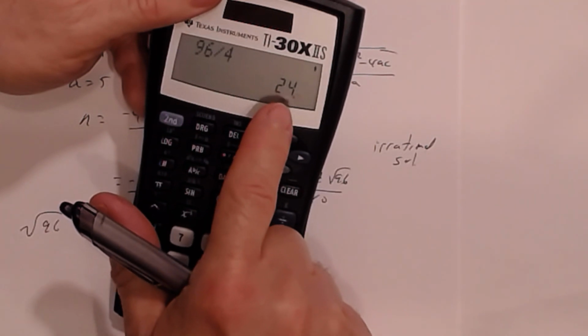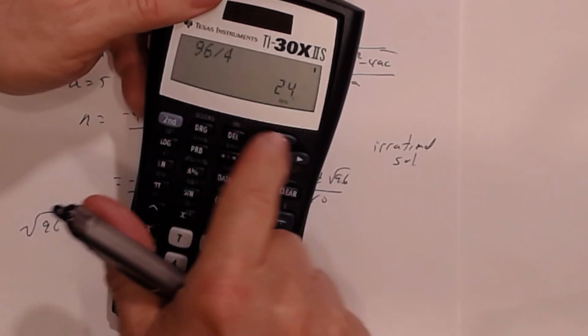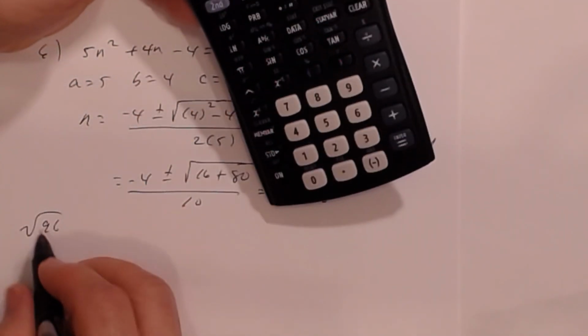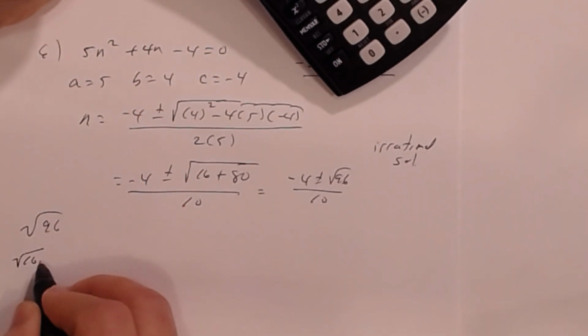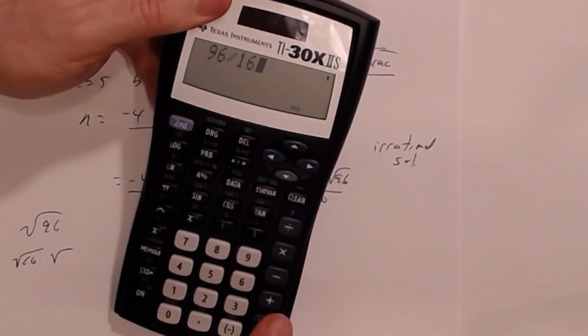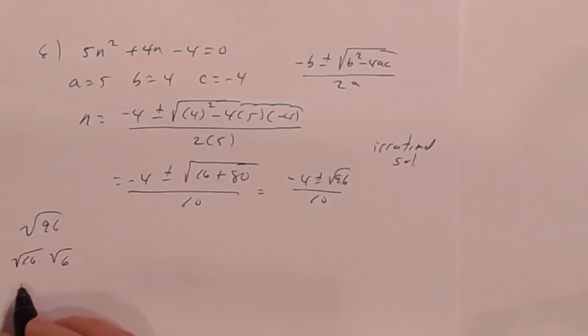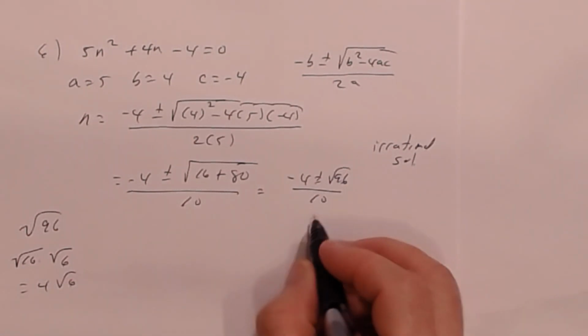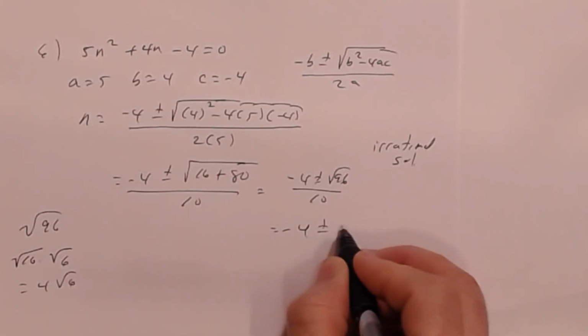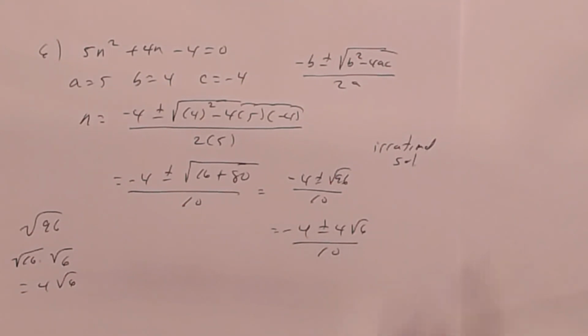Yeah, 4. 4 times 6 is 24. So that 4 times this other 4 gives us 16. So I'm going to write this as the square root of 16 times the square root of 6, since 96 divided by 16 equals 6. And the square root of 16 is 4, so that becomes 4 square root of 6. So that goes here. So I get negative 4 plus or minus 4 square root of 6 divided by 10.